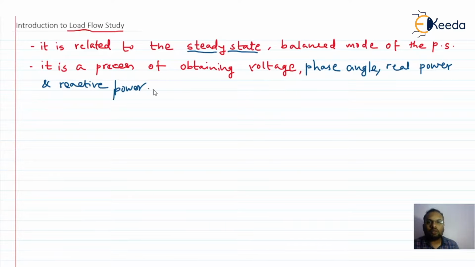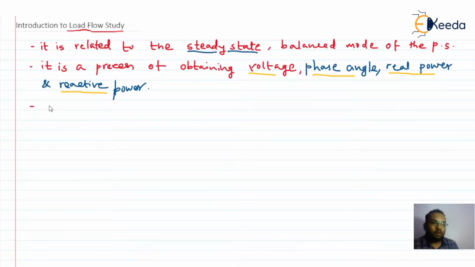So carrying out a load flow study on a given power system is simply a process of obtaining these four quantities. What are these four quantities? Voltage, phase angle, real power, and of course reactive power.